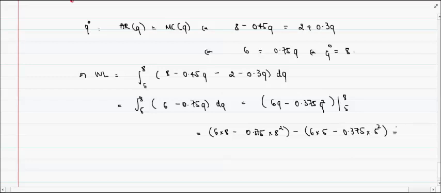If you use a calculator, the first part is 24, and minus, that's 30 minus 0.375 times 25, which is 20.625. So 24 minus that is 3.375, and that is the amount of welfare loss from the monopoly.